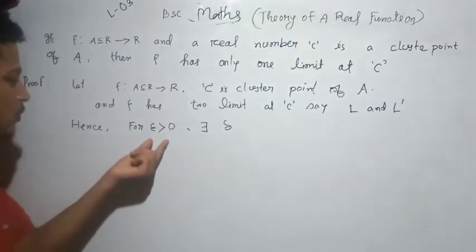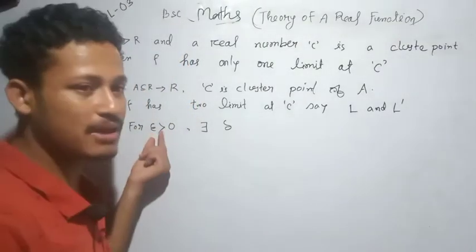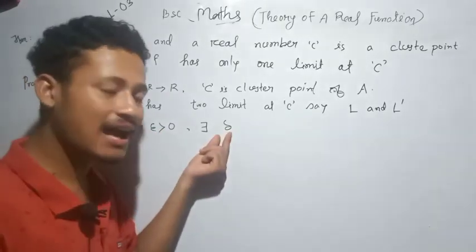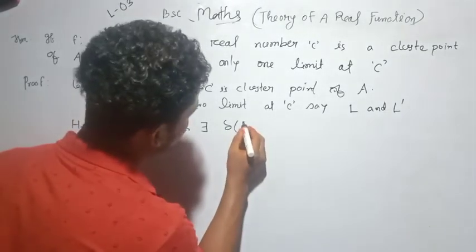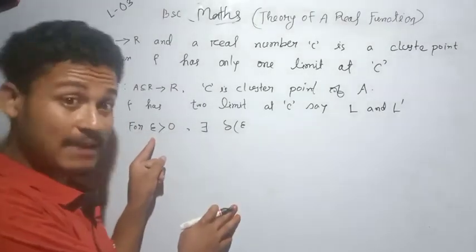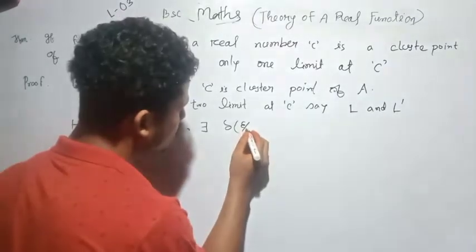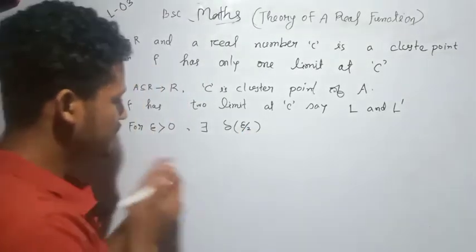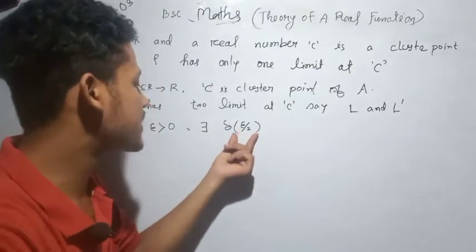Whatever the epsilon may be, I will give you delta, which is dependent on epsilon. If it is dependent on epsilon, it will also be dependent on epsilon by 2. This is a construction, delta of epsilon by 2.